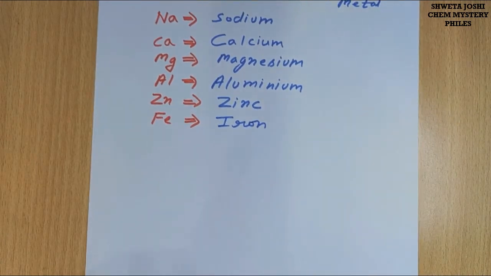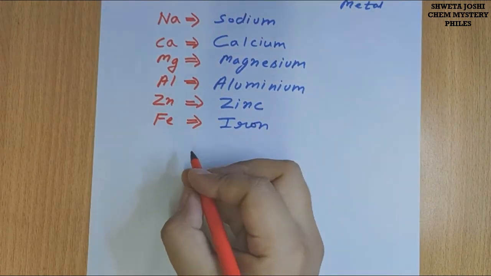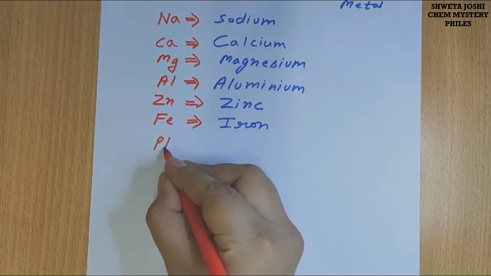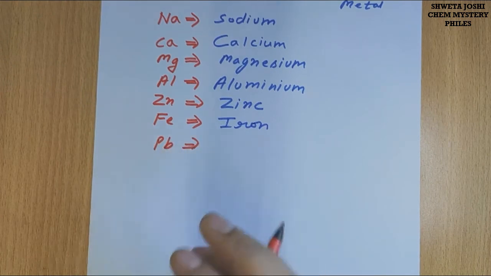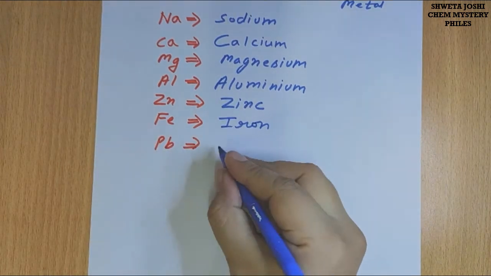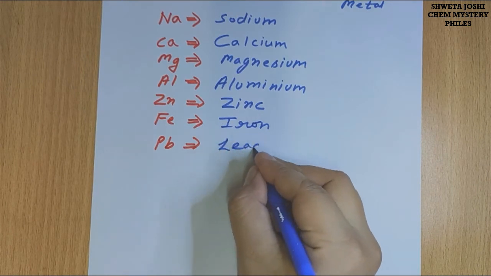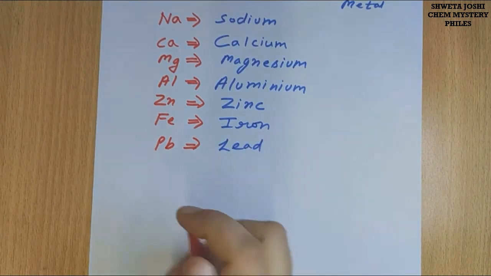After iron, there is lead, and its symbol is Pb. After lead, there is hydrogen.